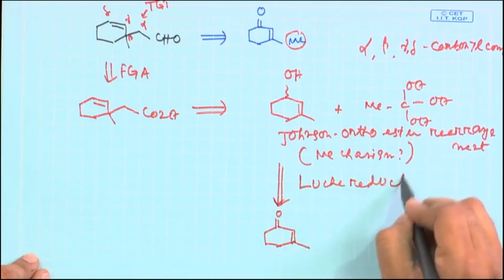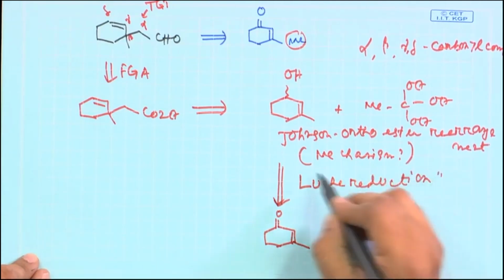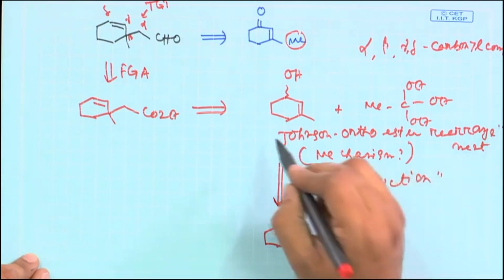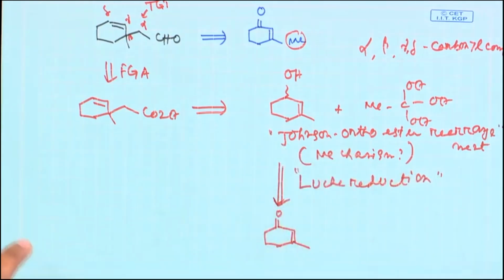It is again a transformation. Now, what is Luche reduction? What is the Johnson orthoester Claisen rearrangement? Probably we can discuss all those things next week. So, we will see you in the next week. Bye.